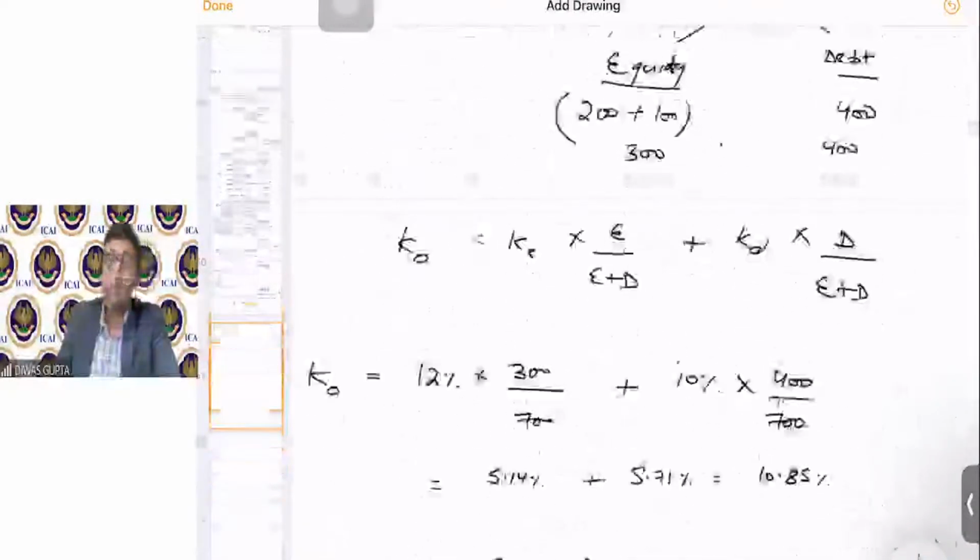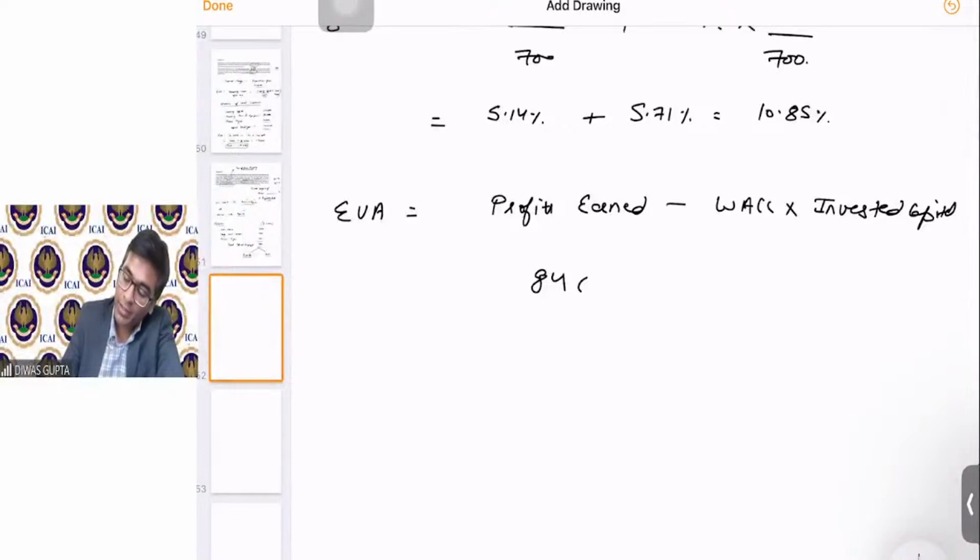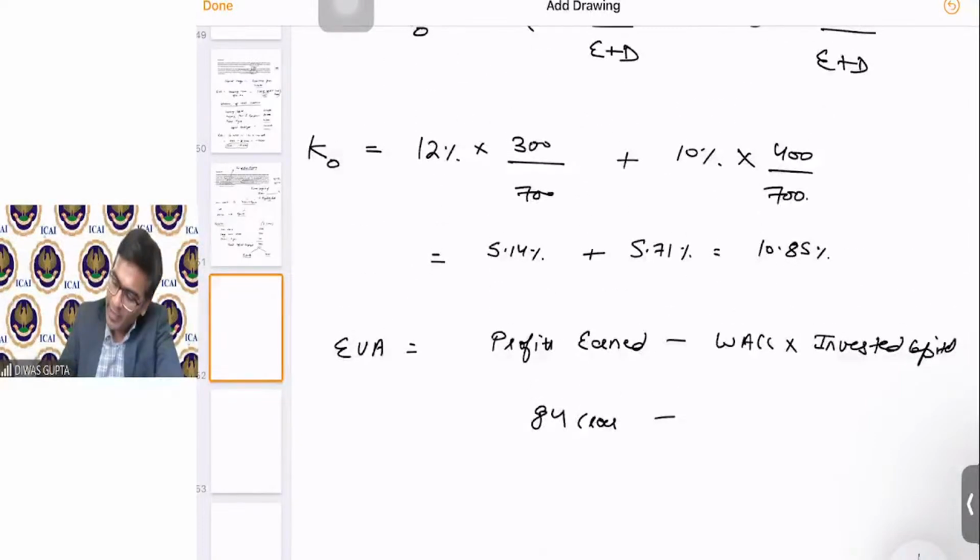Actually, if you see, it's not the profit, it's actually the revenue that the question has mentioned, but we don't have any other direction to arrive from that revenue to profit. Hence, we will use the same number. Okay. 84 crore minus WACC of 10.85 percentage multiplied by the invested capital of 700 crore. Right.